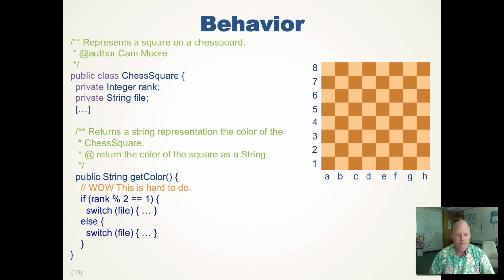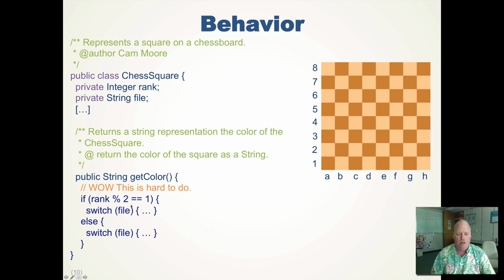The next kind of method is a behavior. So, for example, this looks like an accessor because you're getting the color, but I'm not actually storing the color. So it is providing some behavior to the class, and being able to figure out what color the square is in this particular way is kind of tricky because I have to figure out, is it the A, the file, B, C, D, E?